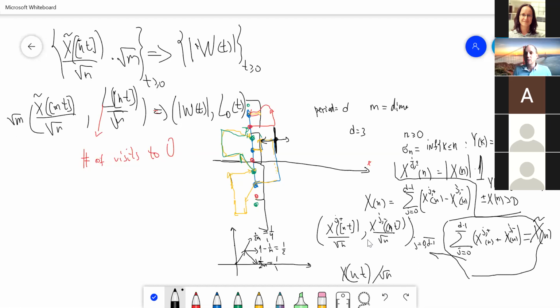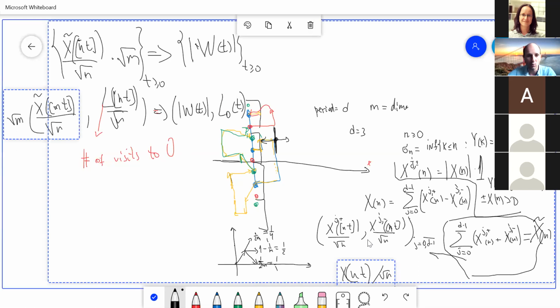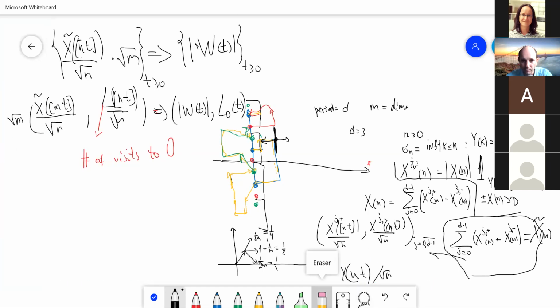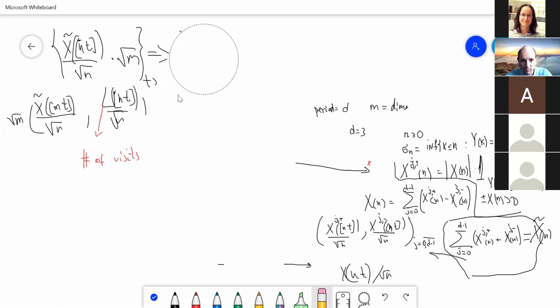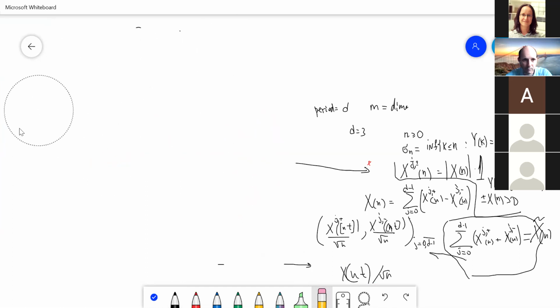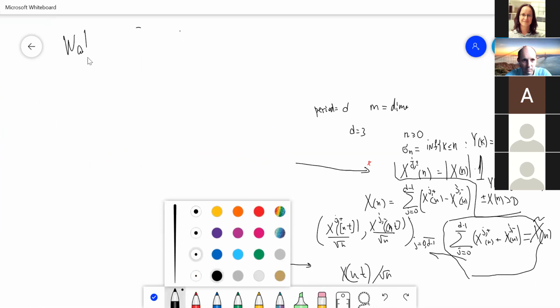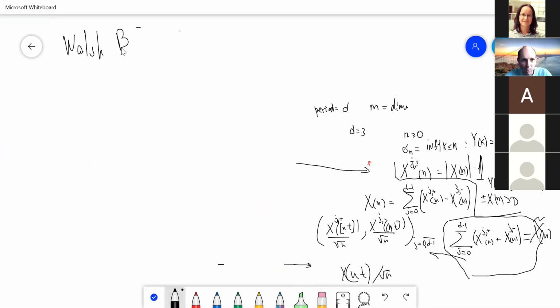Now let me give you a definition of a Walsh-Brownian motion and a Martingale characterization of a Walsh-Brownian motion. Walsh-Brownian motion is an analog of a skew Brownian motion.